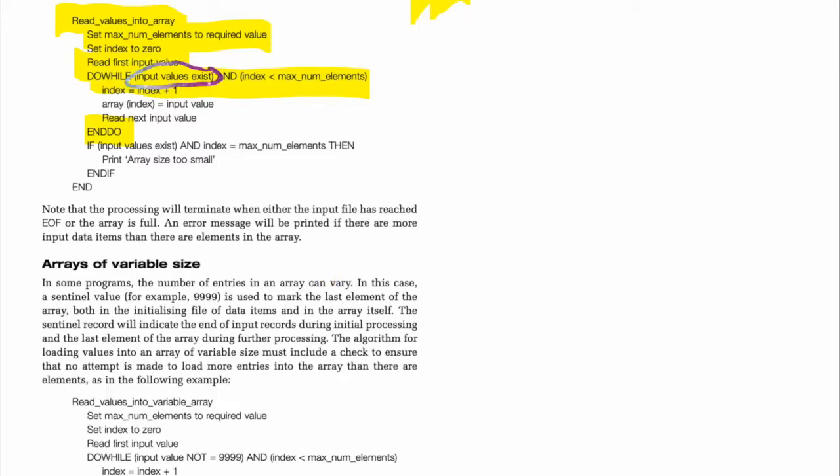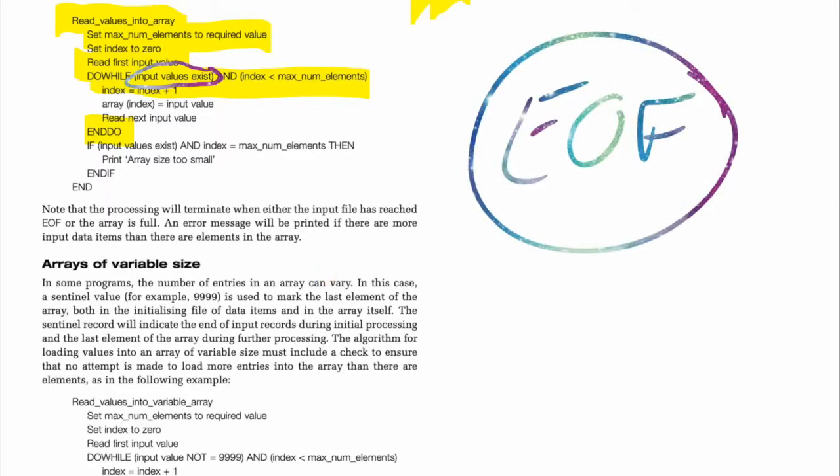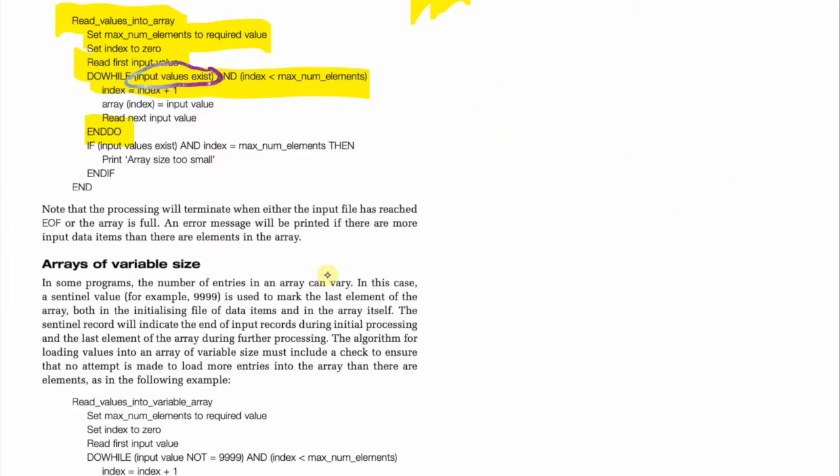While input values exist, this suggests that we have a systemic way of knowing as an environment how many values there are in a file. And remember, in our file we have EOF, some marker to tell us that this is the end of a file and you can stop looping through here, post haste.